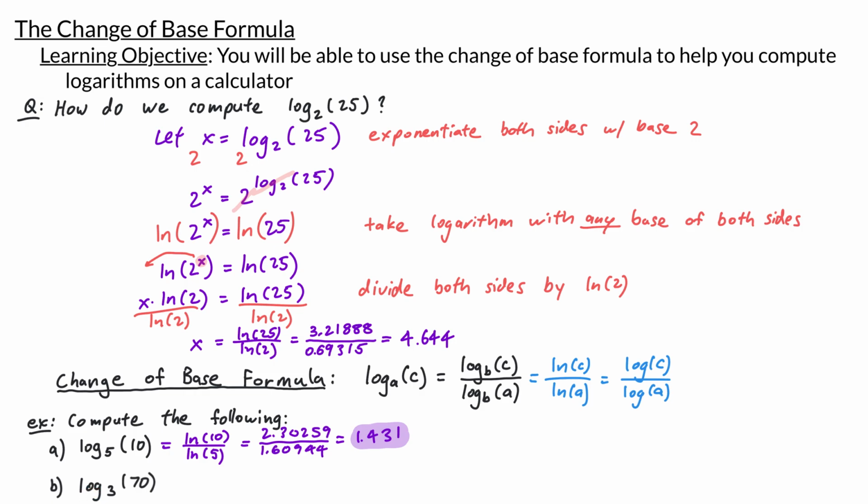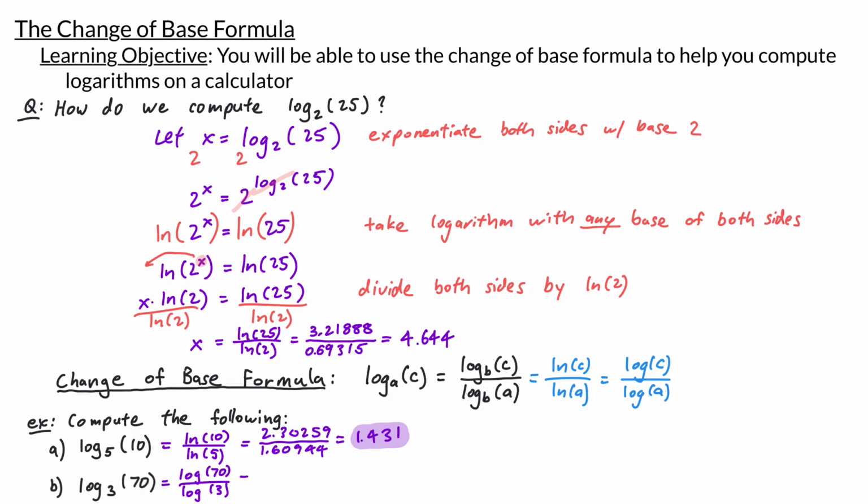Here we have log with base 3 of 70. Again, using the change of base formula, we can rewrite this as ln of 70 divided by ln of 3, or alternatively, we can do log of 70 divided by log of 3. Either way works. I'm just choosing to use log with base 10 this time.